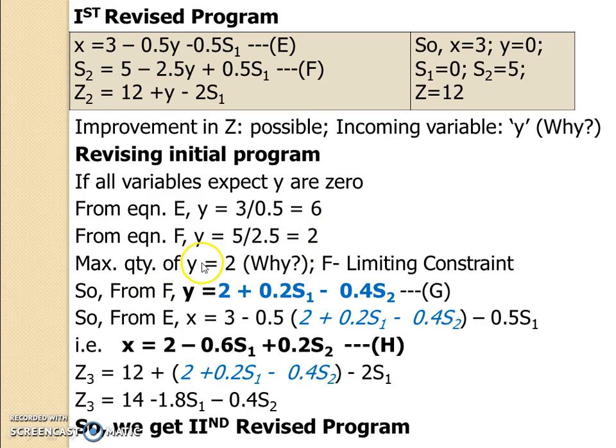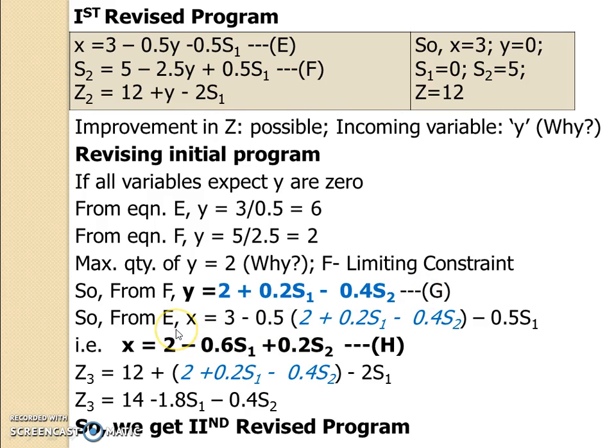The maximum quantity of y that is possible is 2, because constraint F is not allowing us to have a quantity of y greater than 2. So F is going to be the limiting constraint. By using the limiting constraint F, we get y is equal to 2 minus 0.2S1 minus 0.4S2. We will call it G.